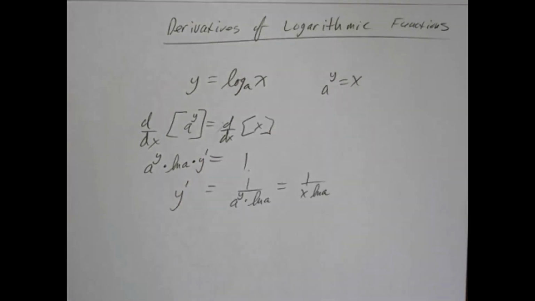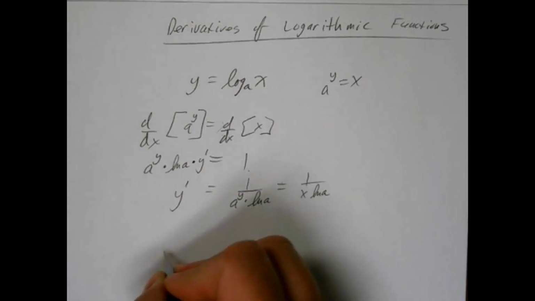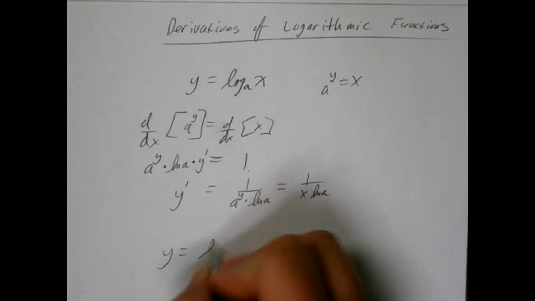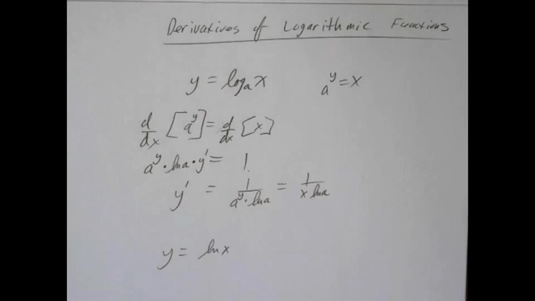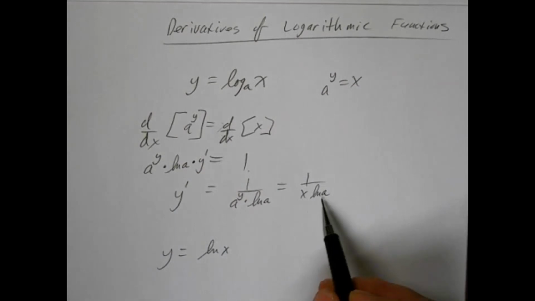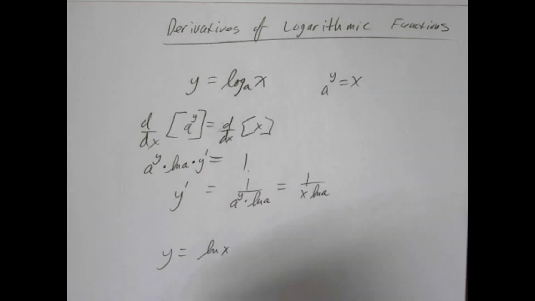All right. Now, specifically, if we wanted to look at y equals natural log of x, we wanted to look at that one in particular, then we could take this previous result and say, well, okay, what would that tell us about y prime?